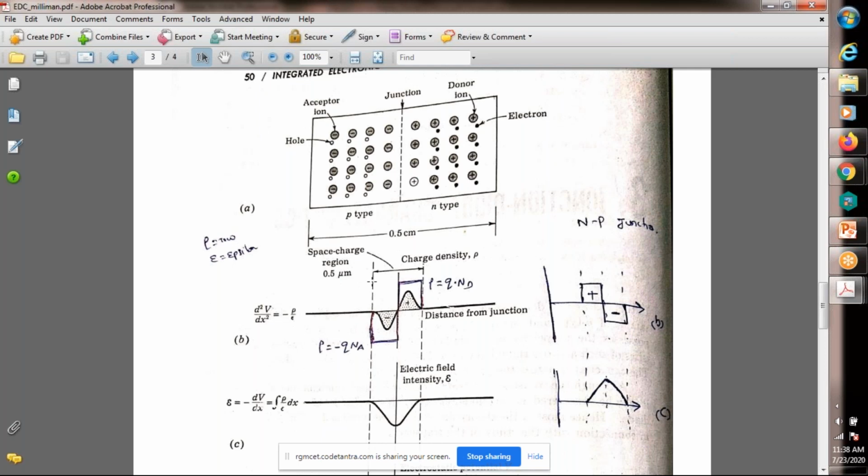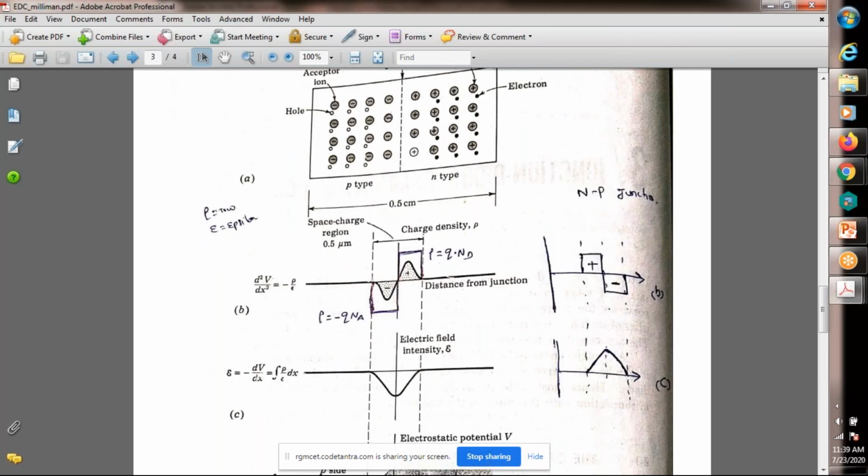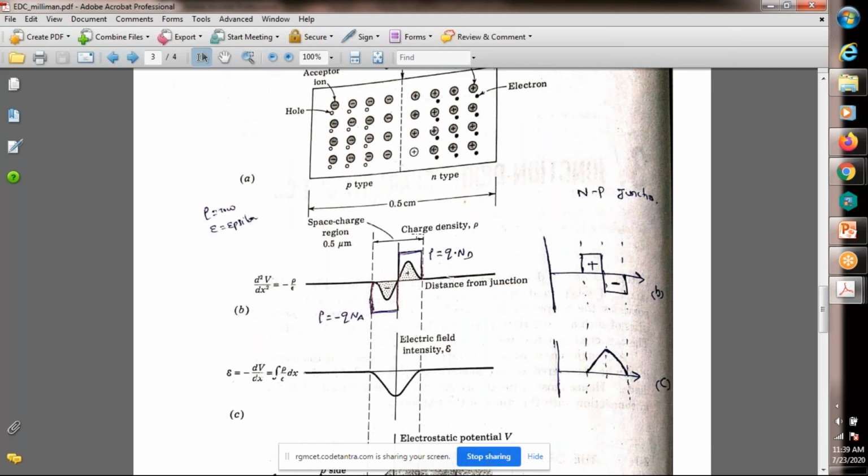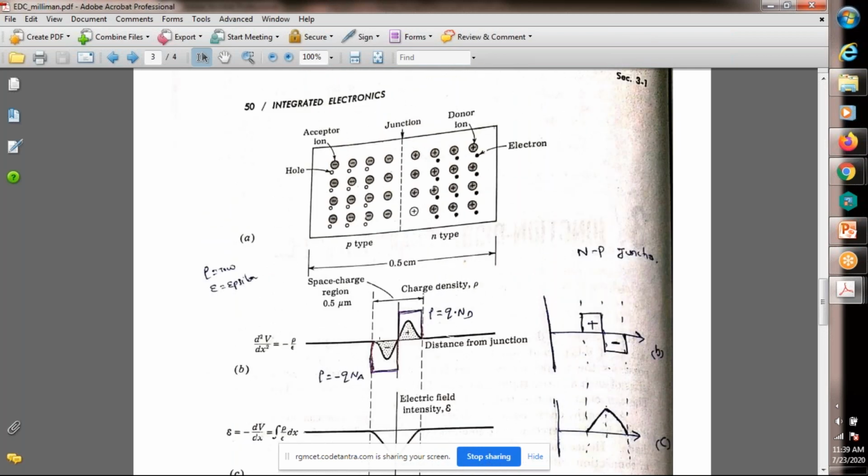Assume it is very small. Already we know that here it is a negative charge, here it is a positive charge. So the charge density is negative here and positive here, plotted against distance from the junction.